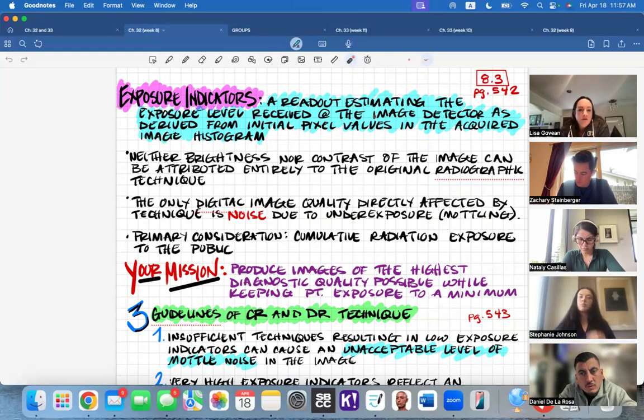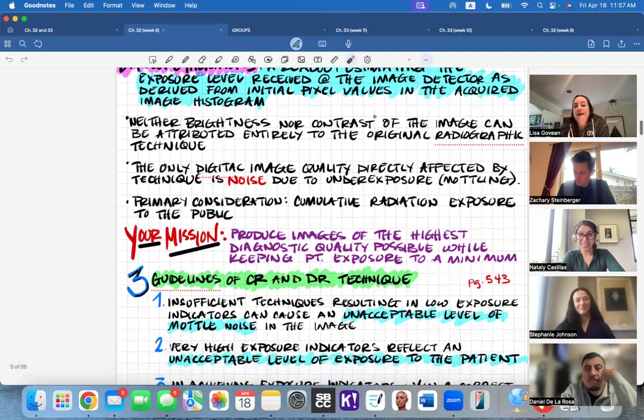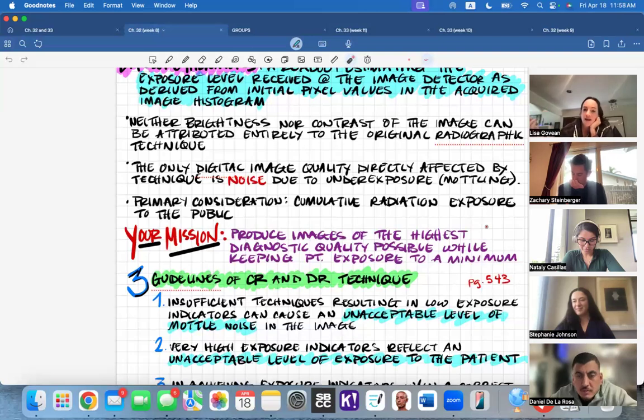That's just too much for my brain. What is that even saying here? So I understand we want to have the highest diagnostic quality possible with the lowest exposure rates, right? That makes sense. So finding that fine line.